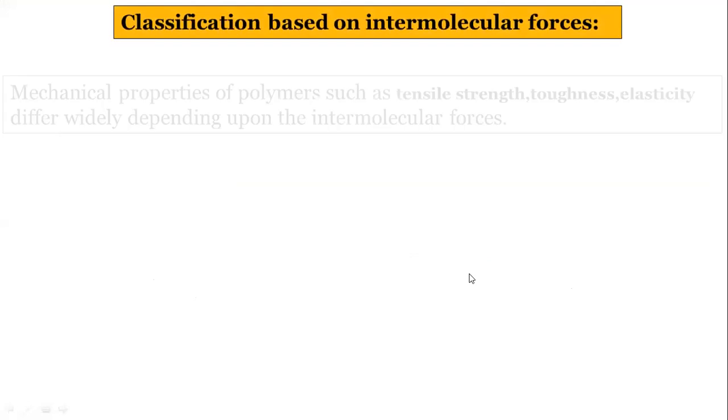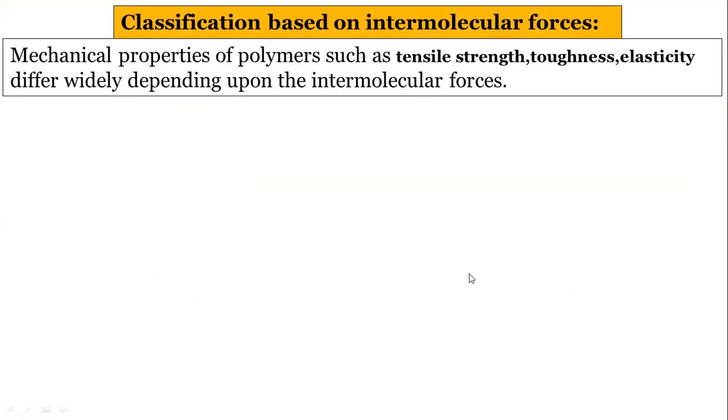Then classification based on intermolecular forces. I already explained. Depending upon the intermolecular forces, the polymers are classified, and the intermolecular forces are van der Waals forces, then hydrogen bonds. These are present between two molecules. So the mechanical properties of the polymers, some are given here.